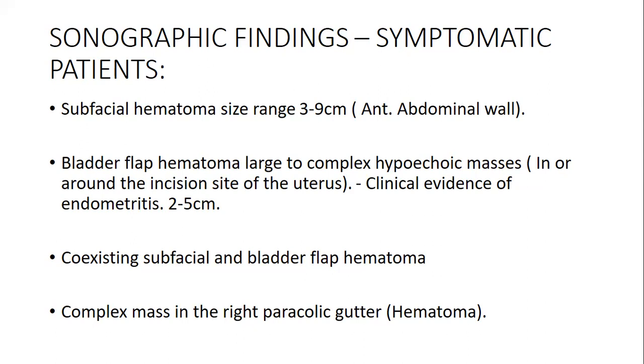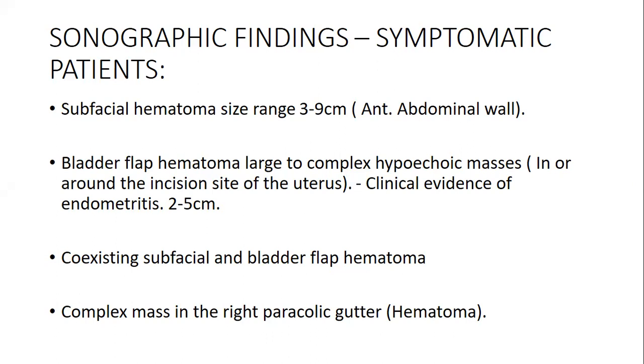And a bladder flap hematoma, this is a hematoma that can be found between the posterior urinary bladder wall and the anterior uterine segment. It may range from a large to a complex hypoechoic mass in or around the incision site of the uterus. It may present like that, but there must be clinical evidence of endometritis. So this may also present like this, a bladder flap hematoma.